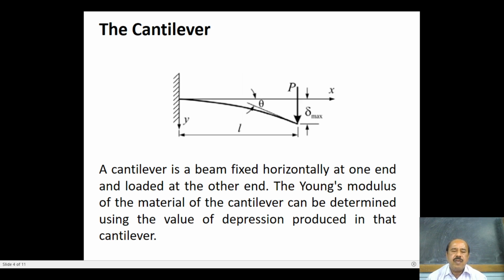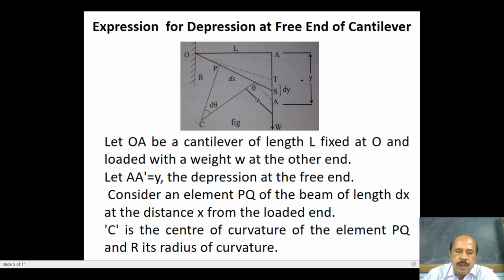Don't be under the confusion that they are different. The Young's modulus of the material of the cantilever can be determined using the value of depression produced in that cantilever.